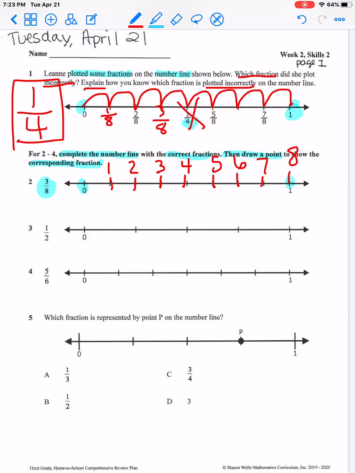Because in order for me to have one whole, I would have to have all equal parts. So if I have 8 total equal parts, what is my denominator going to be? My denominator is going to be 8. 8 out of 8 is one whole. So I already know that my denominator is 8.